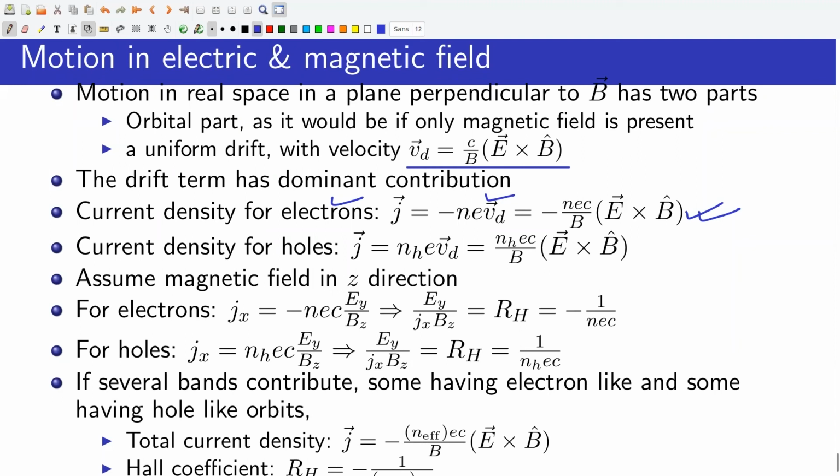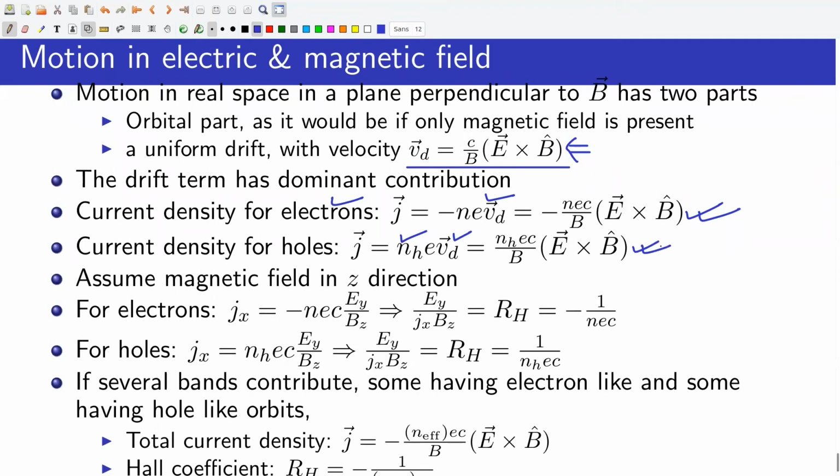Similarly, current density for holes is given by J equal to nh times e times Vd, where nh is the density of holes and Vd is the drift velocity, which is given by this equation, such that the current density for holes can be written as this.